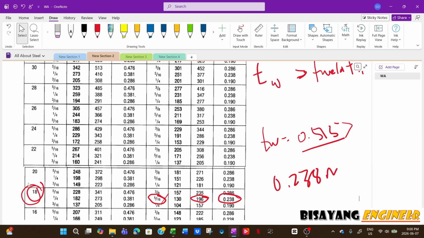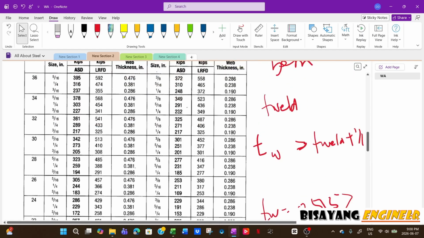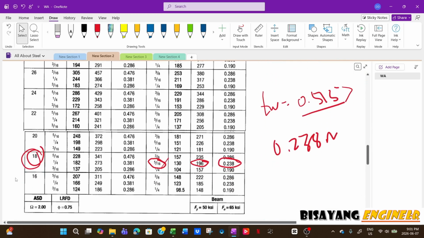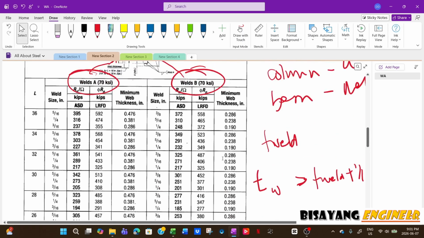If I remember correctly, it should be at least half the beam depth, I think. But if you have the manual, you can read about it. All you have to do is compare the length, weld size, and capacity, and make sure the thickness of the web is thicker than the specified minimum web thickness here, and that's it.